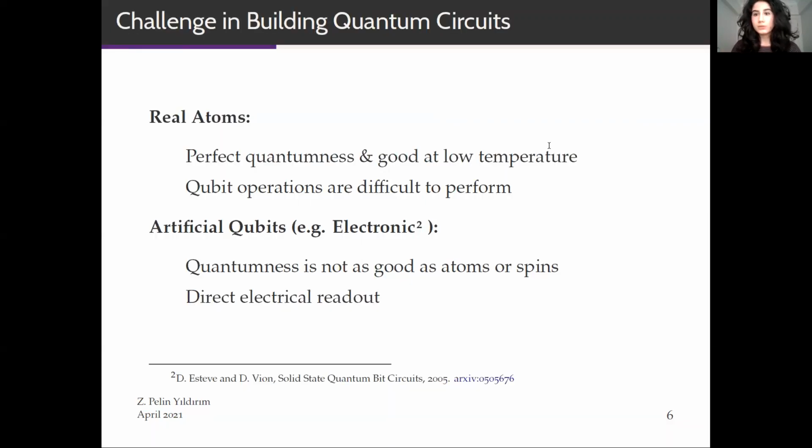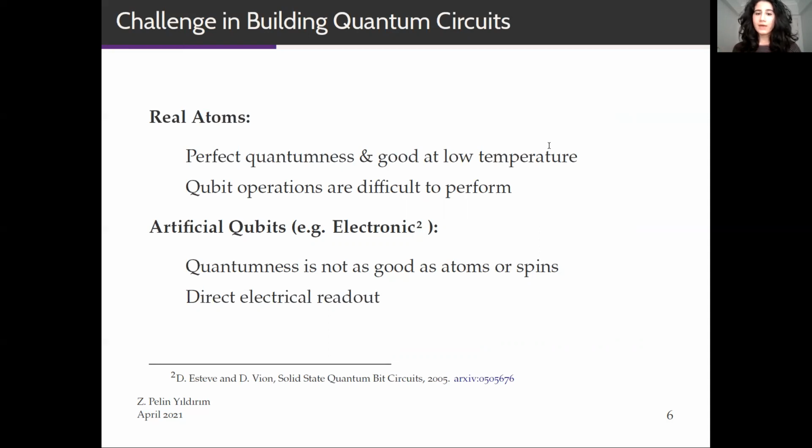Challenges in building quantum circuits. First, we ask the question, what are qubits made of? This is the crucial question in qubit hardware. We have many options, some of which are real atoms and some are artificial atoms. Artificial atoms are engineered quantum systems. They both have pros and cons.